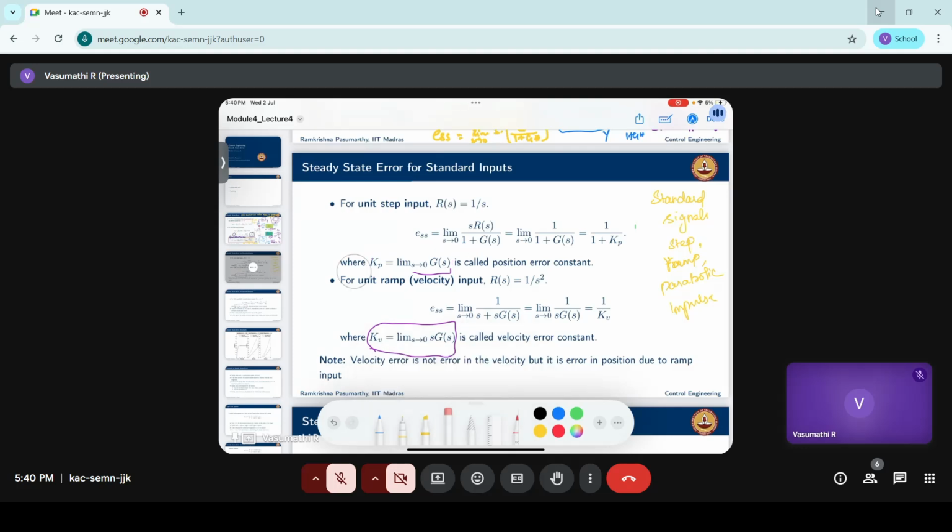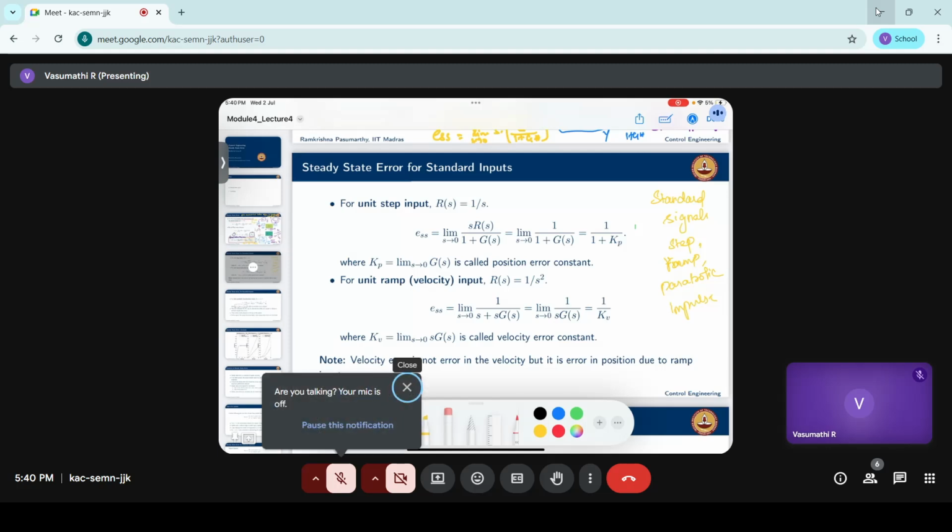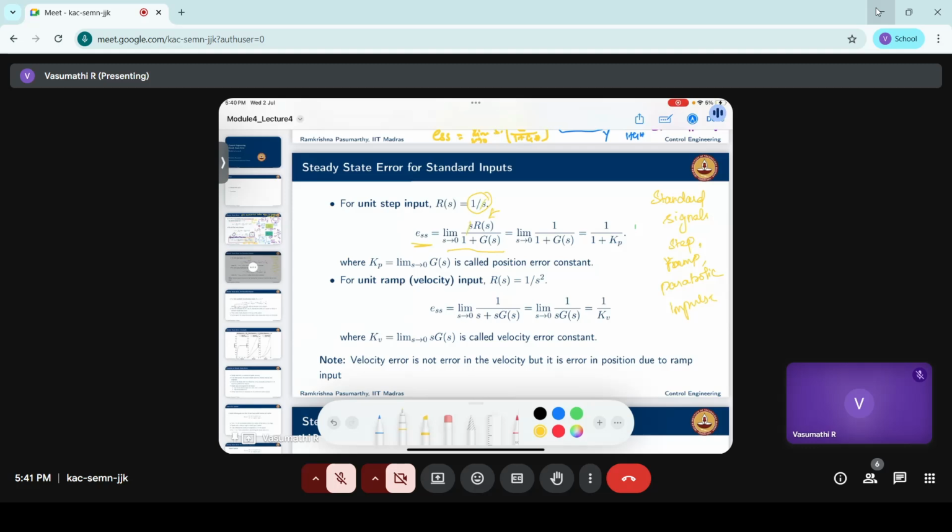When you consider a step input signal, how would the steady state error look? ESS, we are calling it steady state error. You know the formula for steady state error. Instead of R of S, just put 1 by S, the step signal in terms of Laplace transform. When you put 1 by S, this S and this S get cancelled, and you get a term like this.